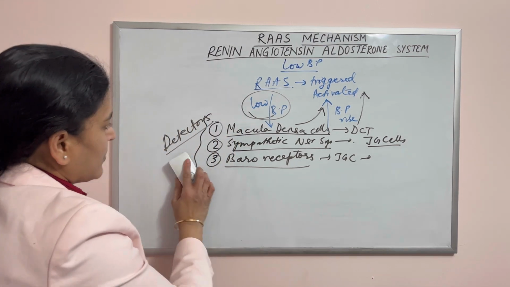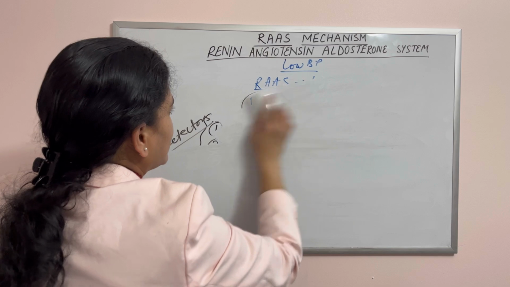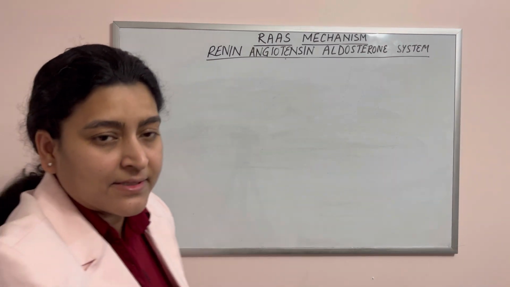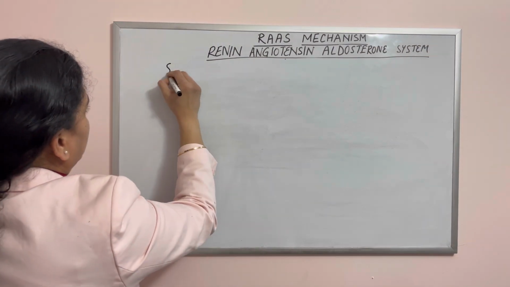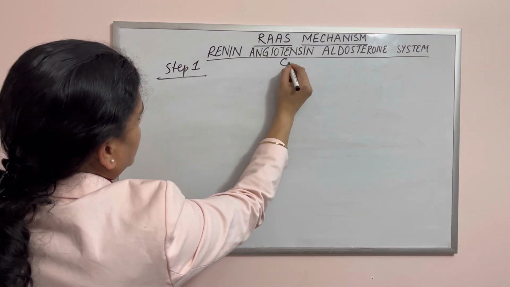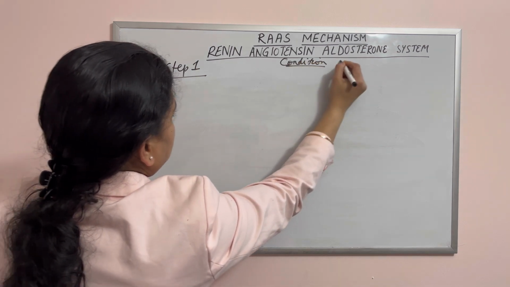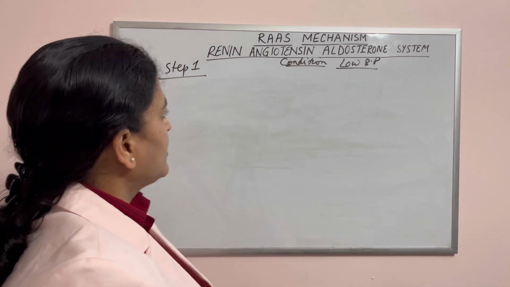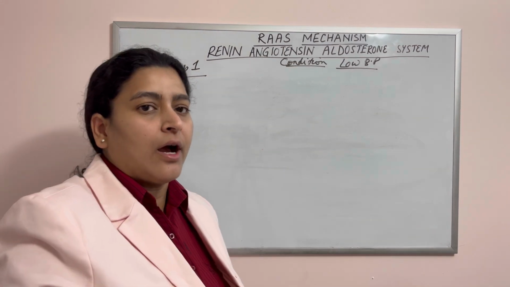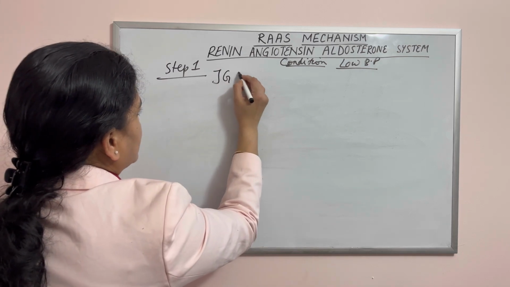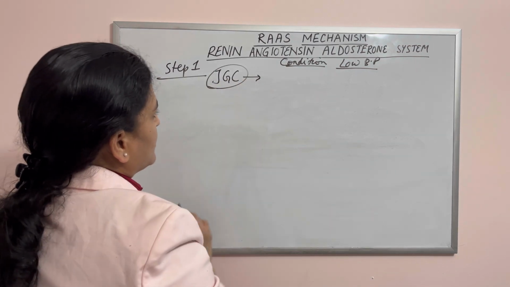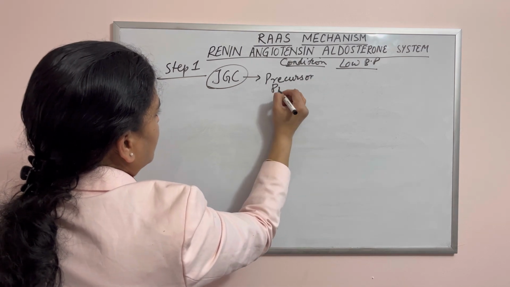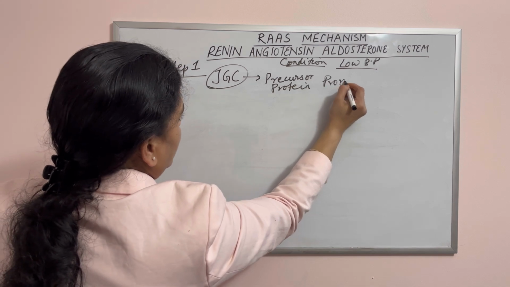Next, we are going to see the actual mechanism, how the steps happen, and how the RAS system actually works. So step 1, the condition is that there is a low blood pressure, a drop in blood pressure. At the afferent arteriole, we have the juxtaglomerular cells, and they constantly secrete a precursor protein called prorenin.